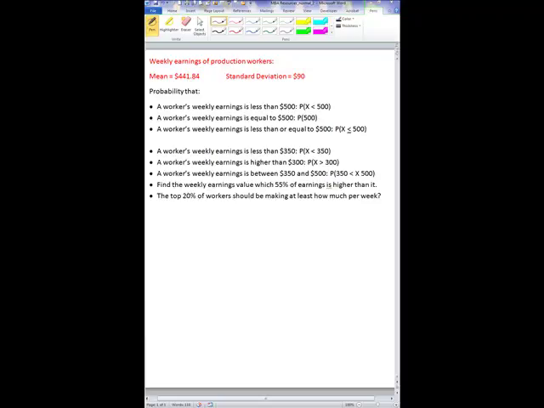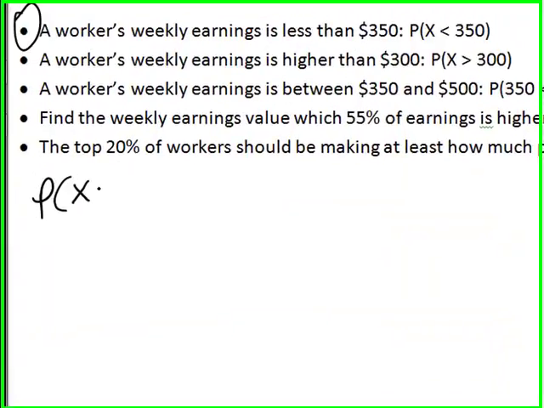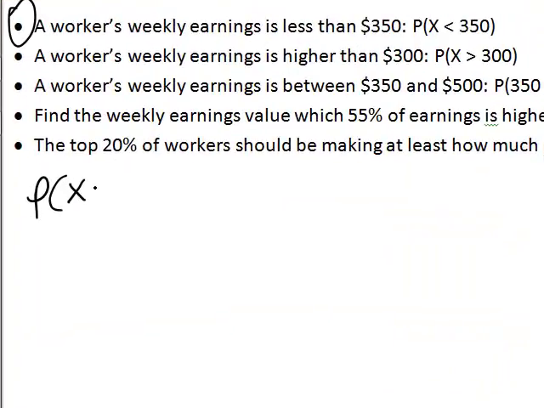Hello. In the first video where I showed you manual calculations, I solved the first three bullets or problems. So now we go to solve this problem right here where we want to know the probability that X, or a worker's weekly earnings, is less than $350.